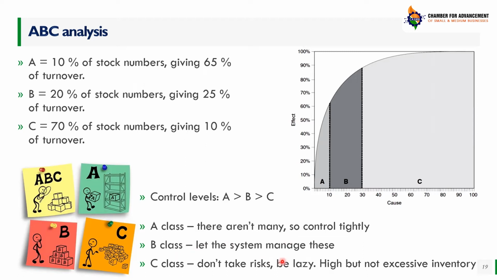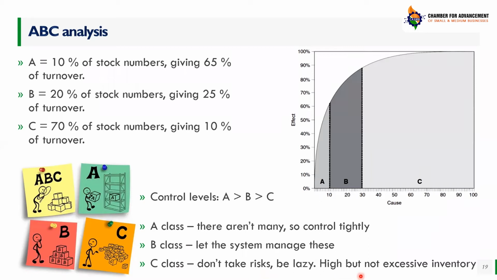Class B items: let the system manage this, based on what demand and supply is happening. Let the system manage the inventory required for class B. And class C is negligible. There is not much cost associated with class C, but the number is bigger.